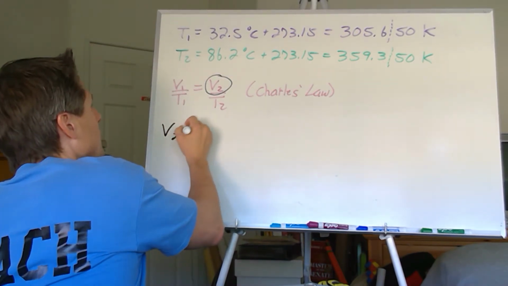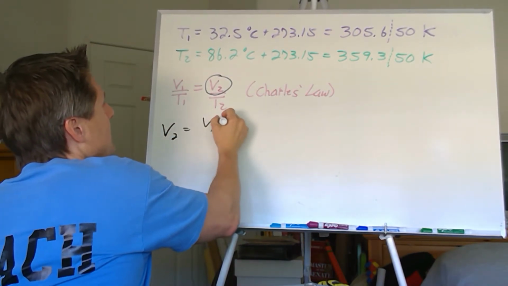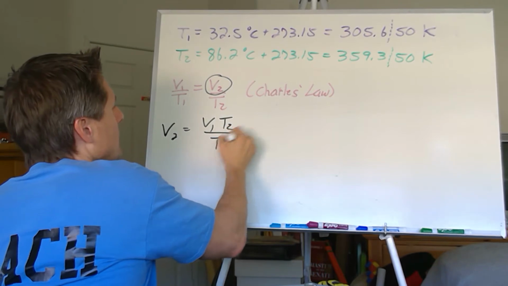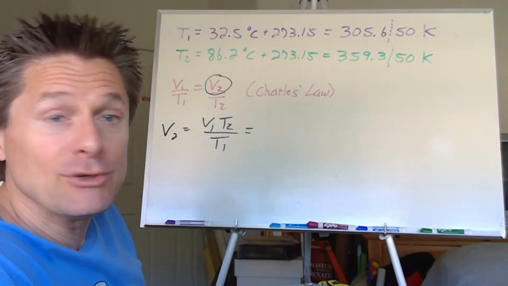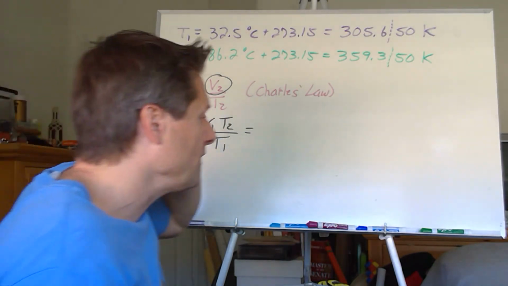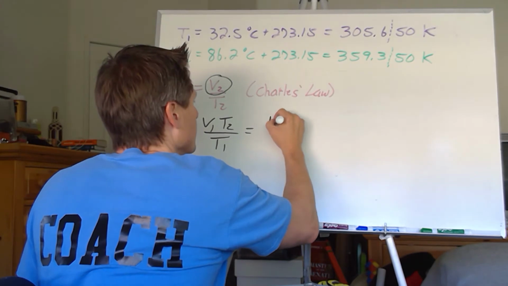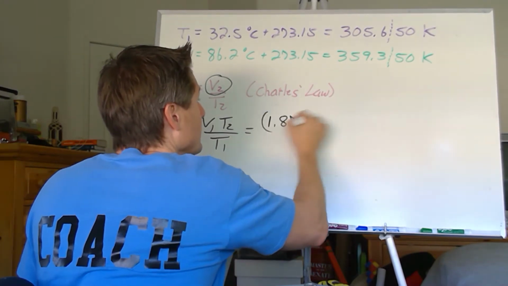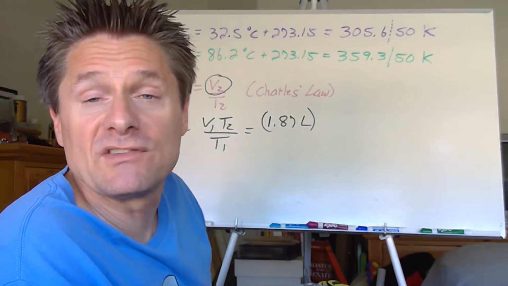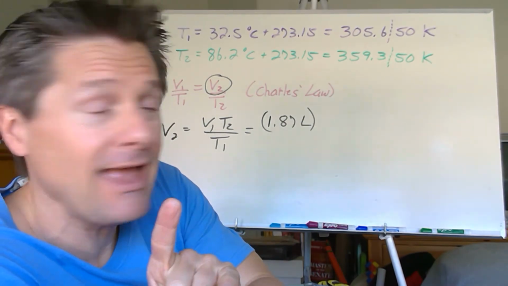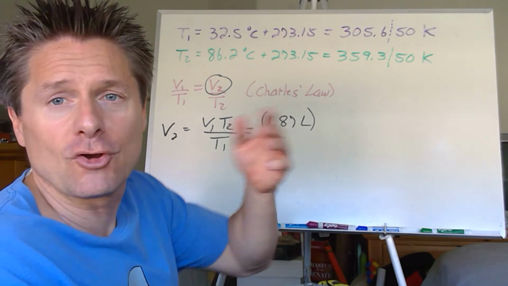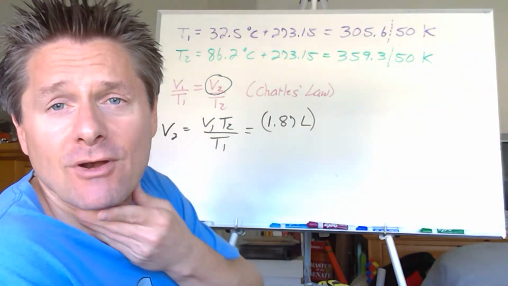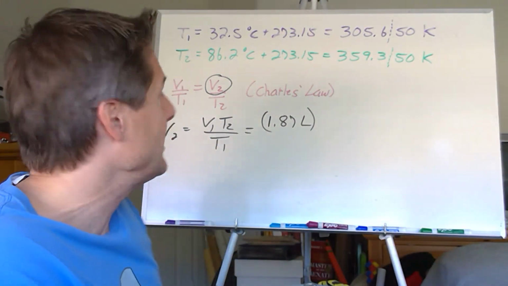So V2 will be V1 T2 over T1, right? So I'm just multiplying both sides by T2. That's all I'm doing. So what was our original volume? What was that, 1.87 liters? Now in the problem, it just says what's the volume. It didn't specify the units again, right? So just leave it in liters. If I asked for quarts or something weird like that, you could solve for liters, and then convert it to whatever you need.